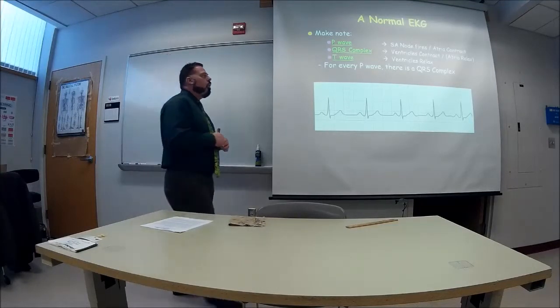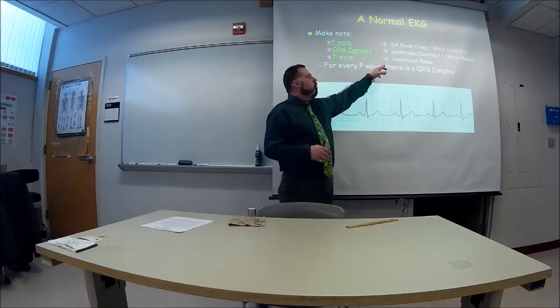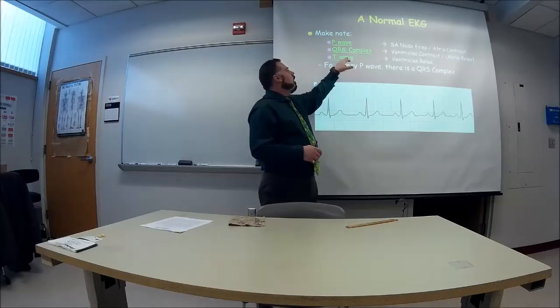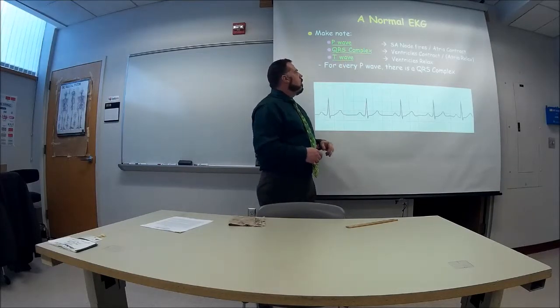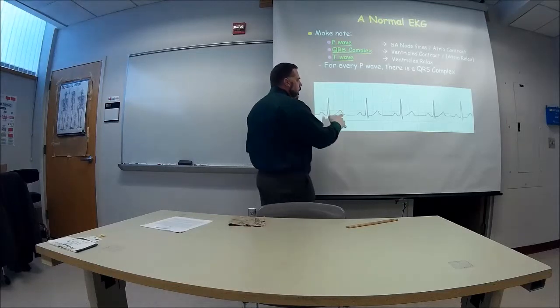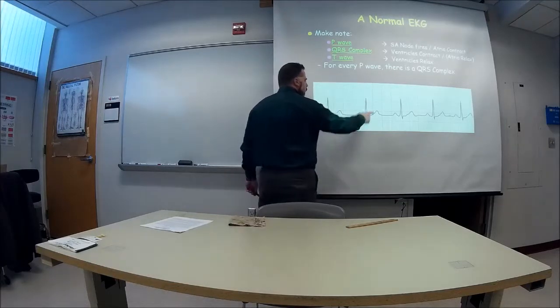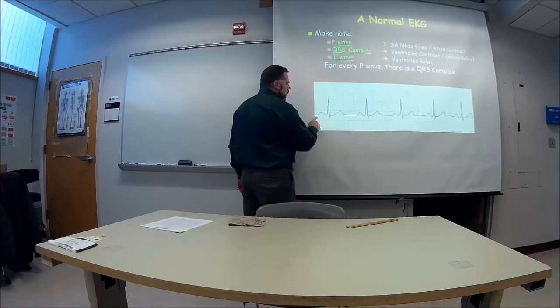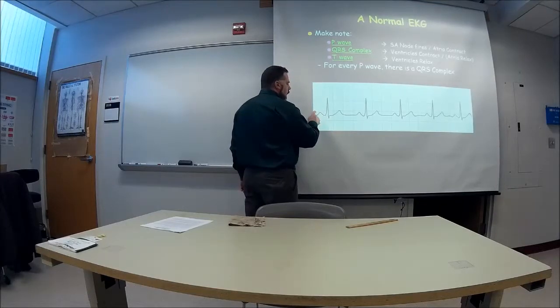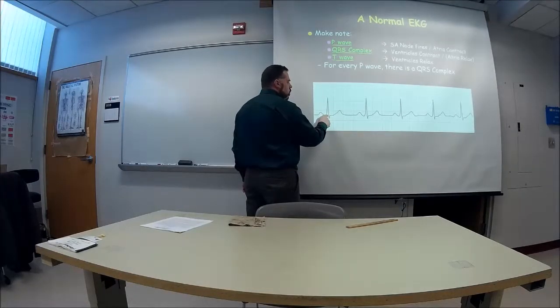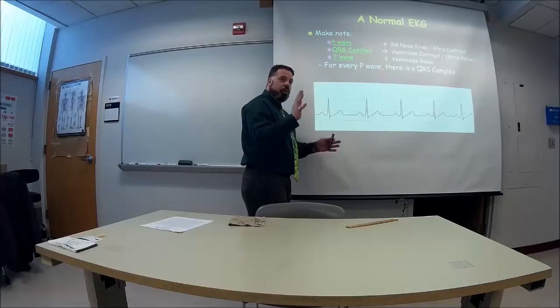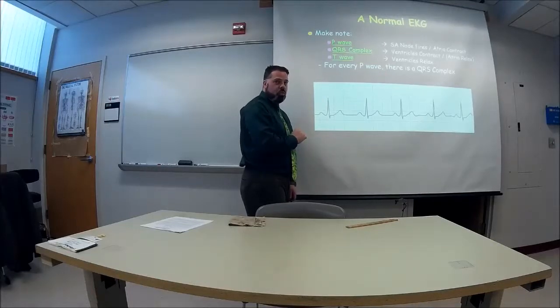Then we also have the ventricles relaxing, and that's what the T wave is. What I'm showing you here is an EKG, here's an EKG, and so forth. We have a P wave, so this is where the atria are going to contract. Then you have the QRS, which is where the ventricles contract, but also, in parentheses, where the atria relax.